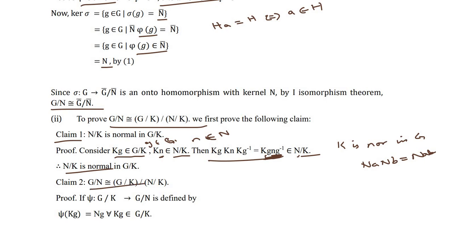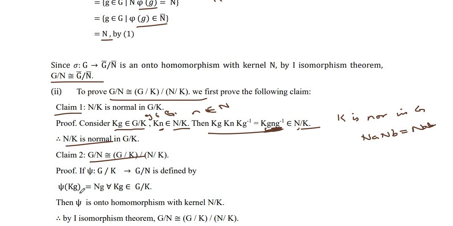Now we prove this. We are going to have two methods to prove this. In the first one, we define a mapping psi from G mod K to G mod N in this way. Any element here will be Kg, and with the help of this g, we get the right-hand side element, that representation, Ng.